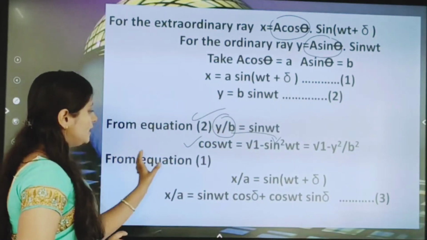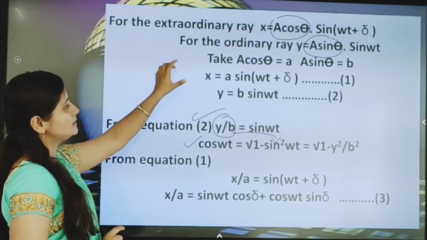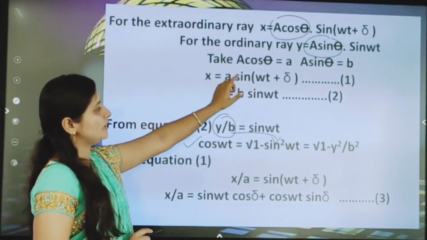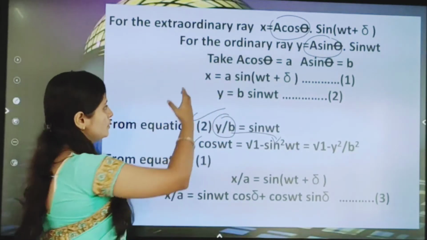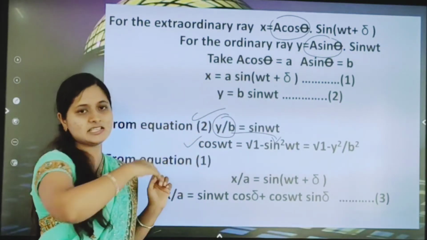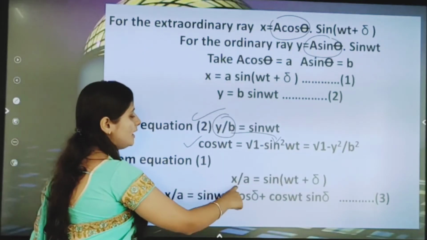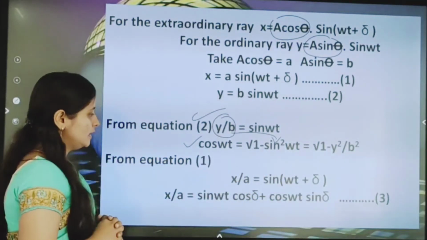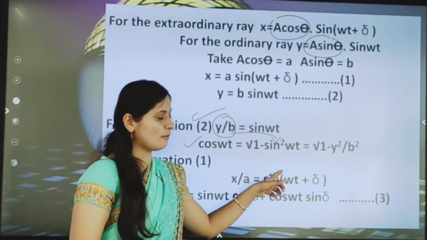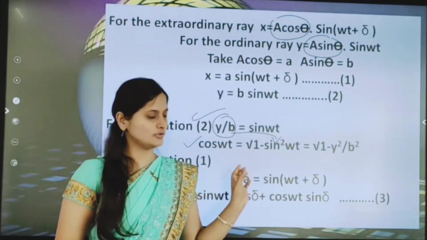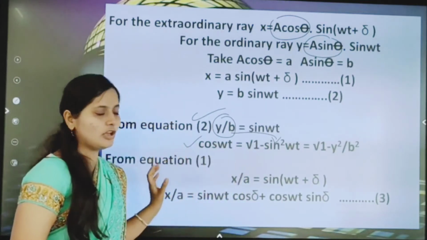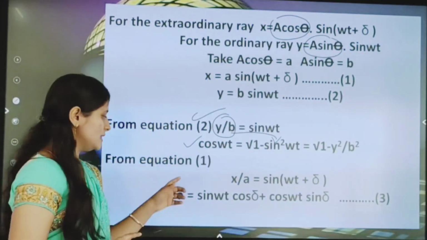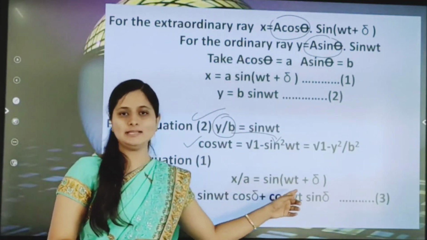Next, from equation number 1, x equal to a sin(omega t plus delta). Taking a to the left-hand side, we get x by a equal to sin(omega t plus delta). This is in the form of sin(a plus b), so we apply the formula: sin a cos b plus cos a sin b.